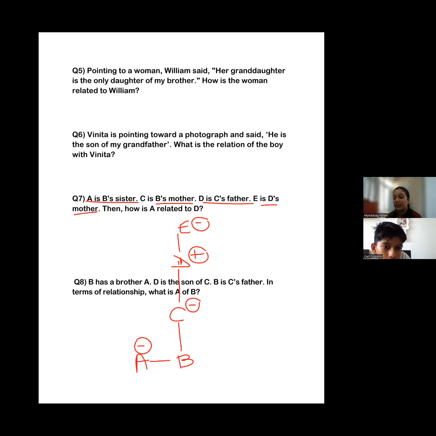Then how is A related to D? Although this relation was not required, E is D's mother, because only the relation between A and D is asked. So this is the first generation, the second generation, and the third generation.